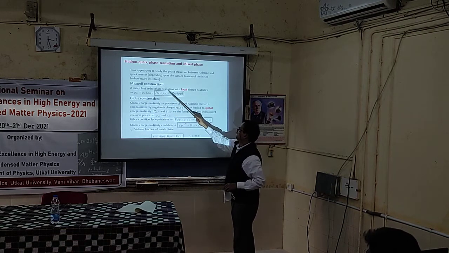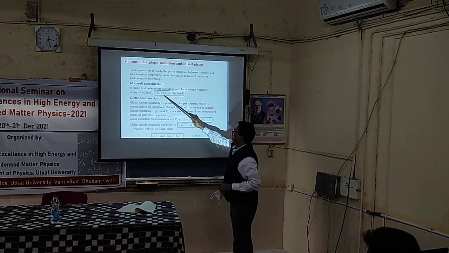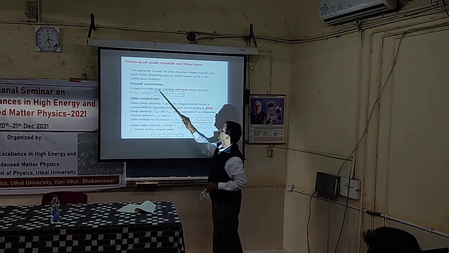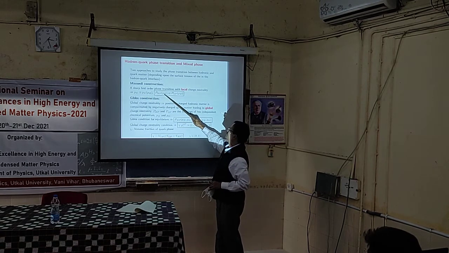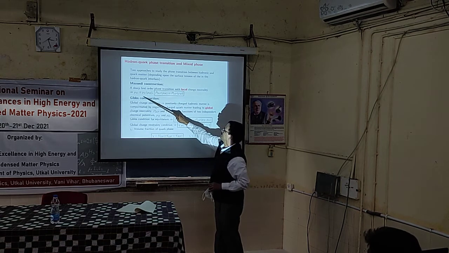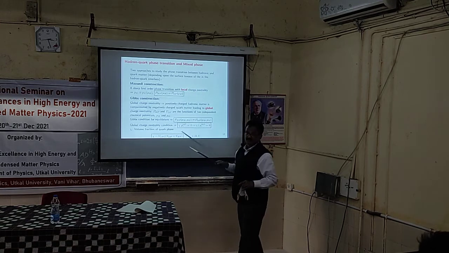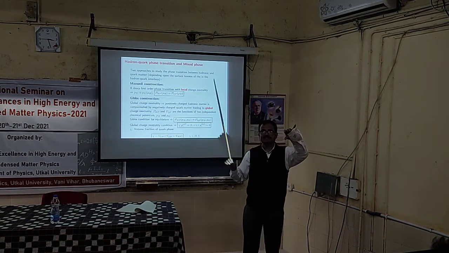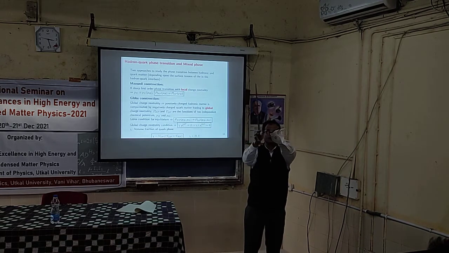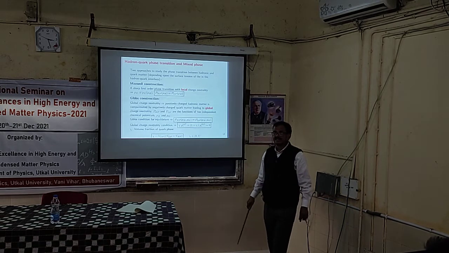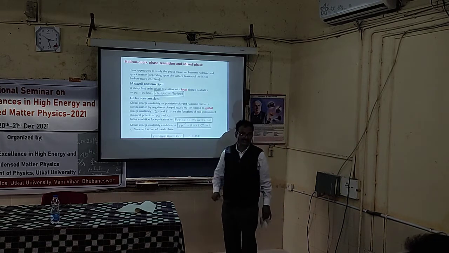Pressure is actually a function of mu b and mu p. Charge neutrality gives me this relation, so it becomes this. So you have a charge neutral hadronic matter, a charge neutral quark matter, and you are comparing pressure. This is called the Maxwell construction.